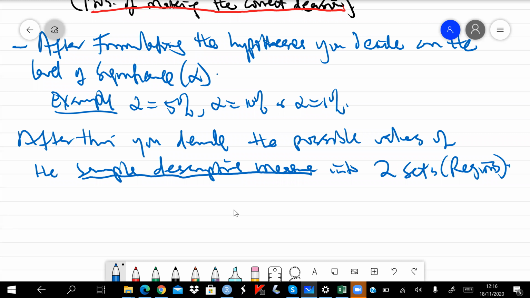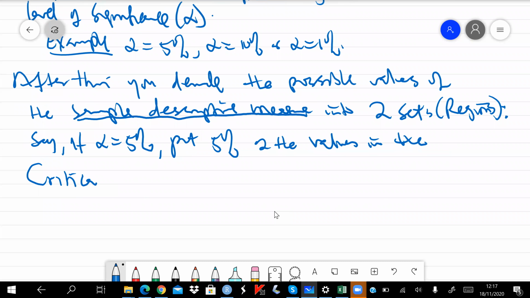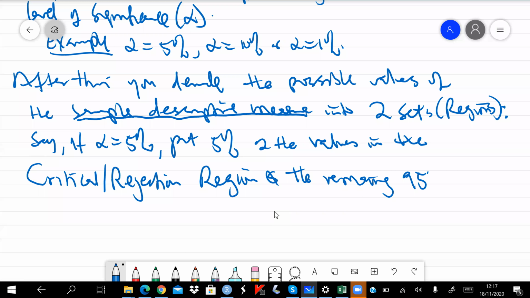As follows, if alpha is 5%, you put 5% of the values in the critical region, also known as the rejection region, and the remaining 95% in what we call the acceptance region.